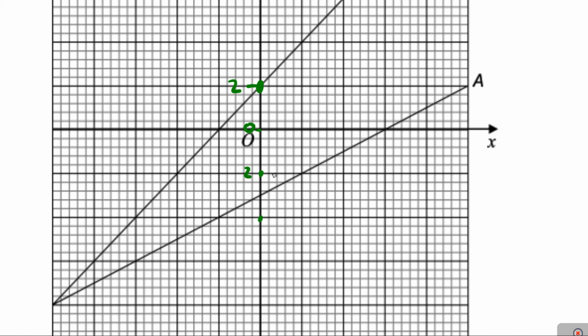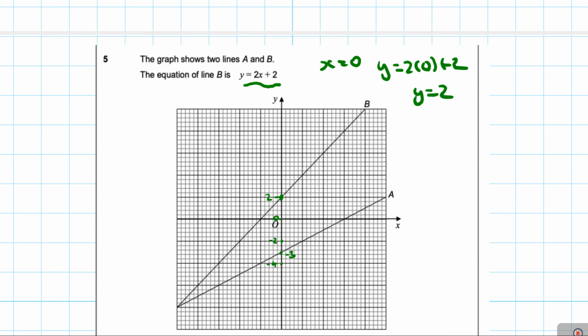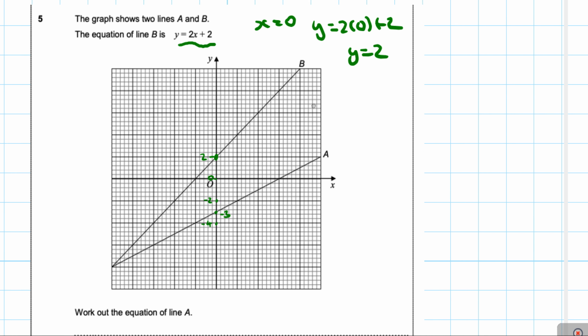So each of the thicker ones, this one is 2, and this one must be 4, and this is minus 4. So therefore this is halfway at minus 2.5. So we know that it crosses at minus 3. So we know that A is a straight line in the form y equals mx plus c, so c must equal minus 3.